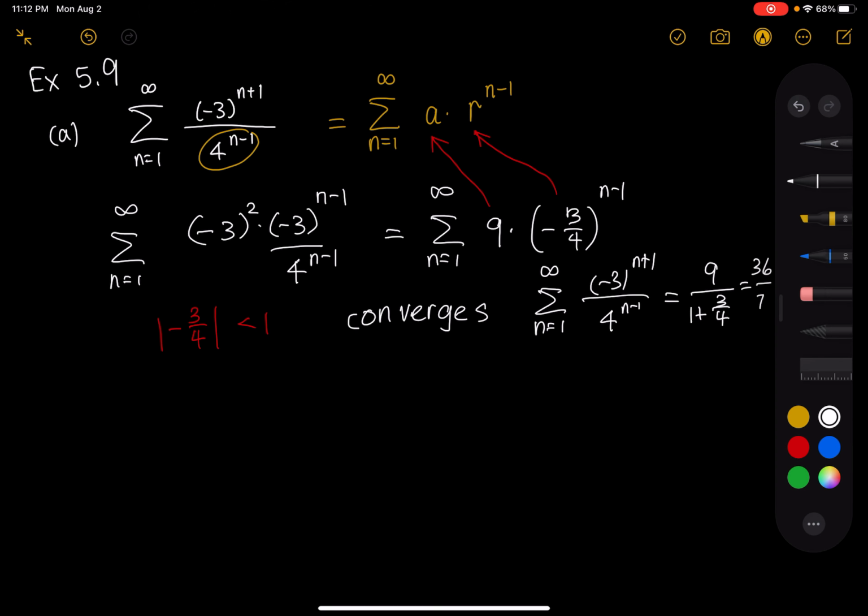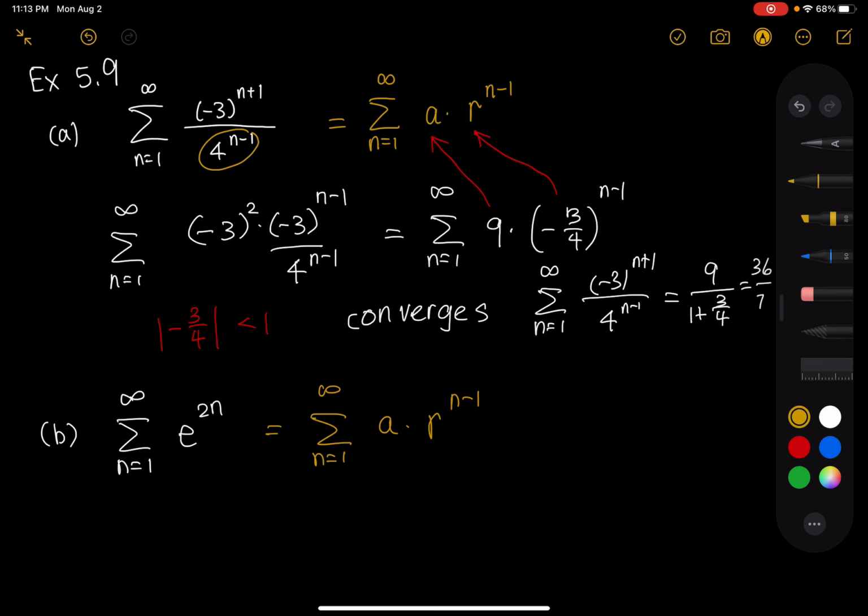What about part B? We have this series, n from 1 to infinity, of e to the 2n power. Again, we want to see this form: n from 1 to infinity, a number times a ratio raised to the n minus 1 power.